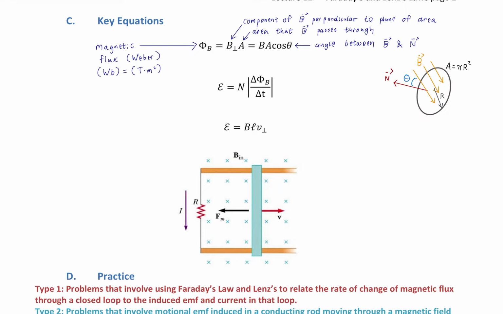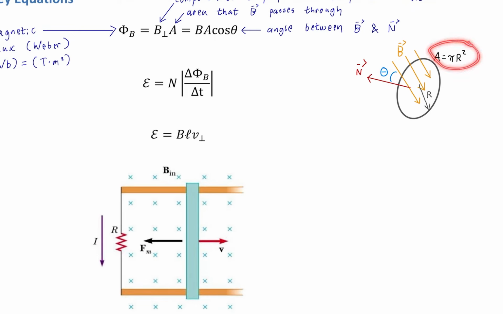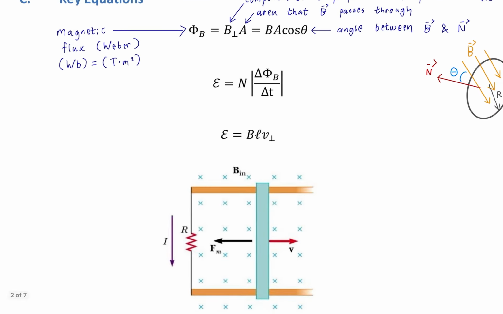This is our enclosed area, a circle, and we have some magnetic field that is not exactly perpendicular to the area, which means there's a non-zero angle, theta, between the normal vector of the area, which is by definition perpendicular to the area, and the magnetic field. So the flux we would calculate by B times A times cosine of theta. You can see that flux is maximum when the magnetic field is exactly perpendicular to the area, because in that case, you have cosine of 0. So that's the definition of magnetic flux.